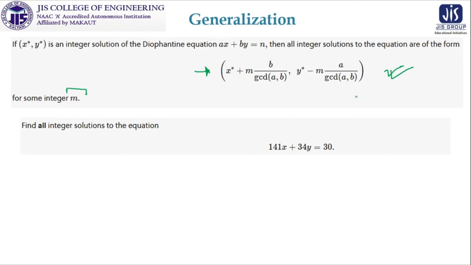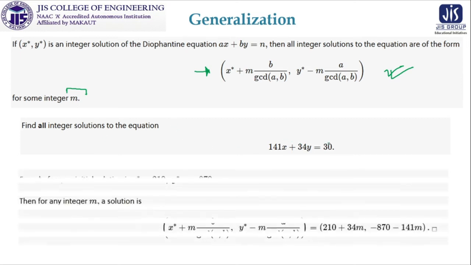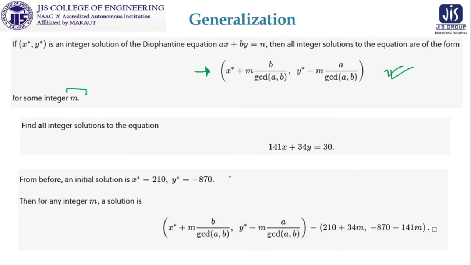In the same manner, if you are targeting the last problem, find all integer solutions of the equation 141x plus 34y equal to 30. What we see, we get this one in the last problem by multiplying by 30.